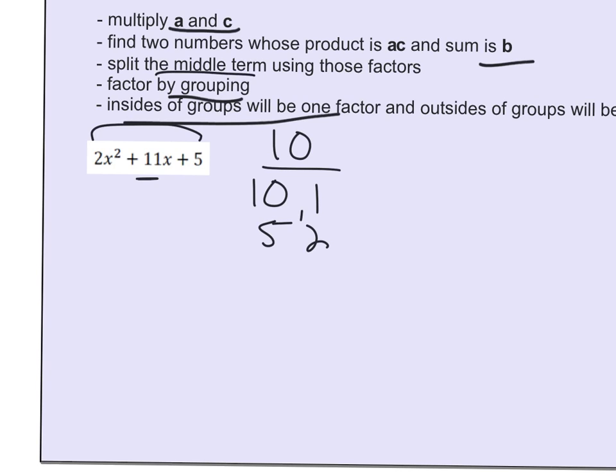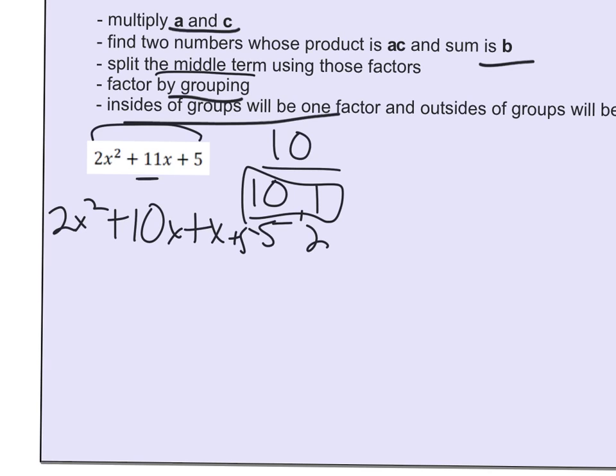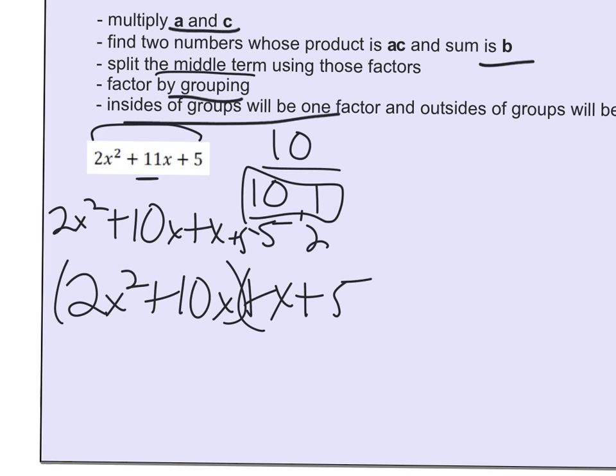So then I'm going to split the middle term using these factors. So I'm going to write 2x squared plus 10x plus x plus 5. All right, 2x squared plus 10x plus x plus 5. So parenthesis, parenthesis. If I pull that out, what's in common? Well, that's going to be 2x, x plus 5.